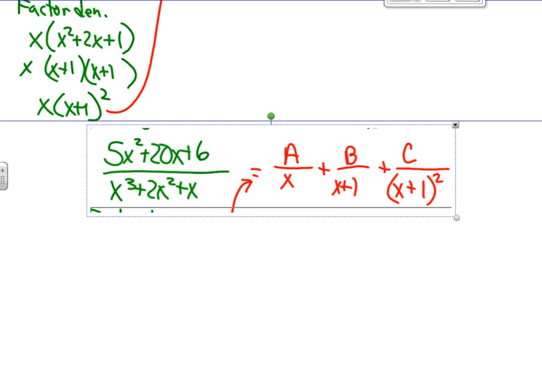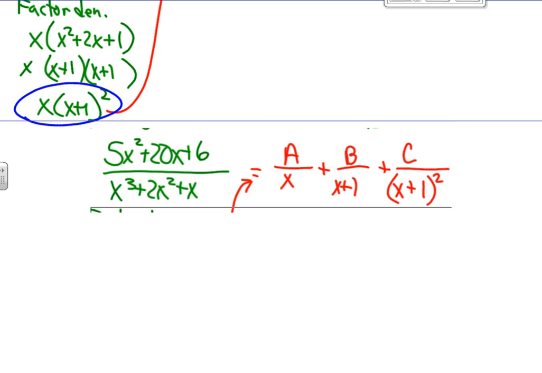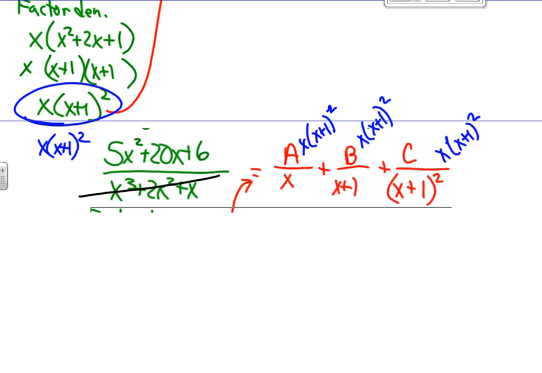Okay, so my common denominator that I'm going to multiply all factors by to get rid of all fractions is x times x plus 1 squared. That's the nice thing about doing it that way. Can you already decide as we're writing this what you're going to let x equal? Hopefully you are. This cancels, I'm going to scratch those out.